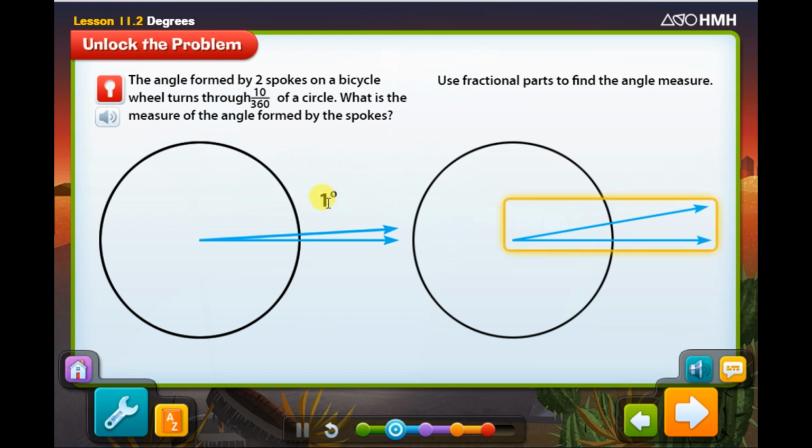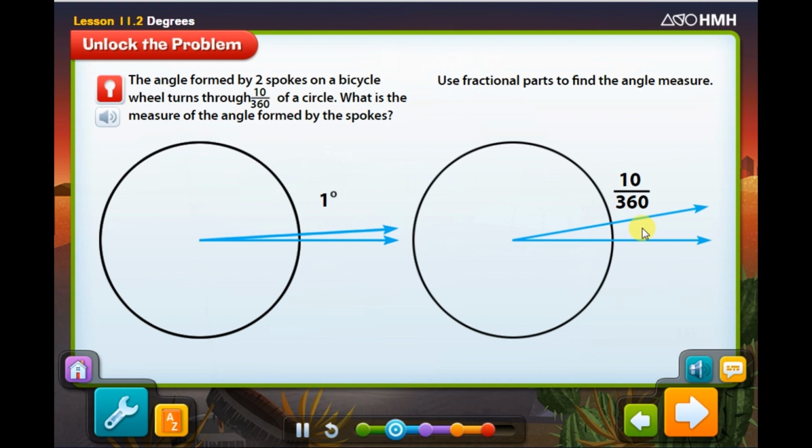And this means 1 degree. And the degree symbol looks like a small circle. So if I have 10 parts out of 360, how many degrees do we have here? We have 10 parts of the circle. This means 10 degrees. It's 10/360 of a circle.